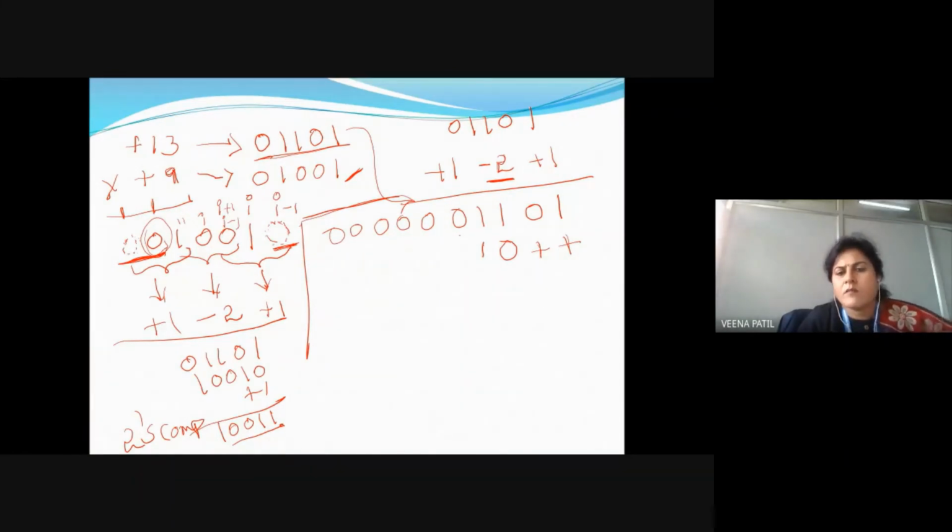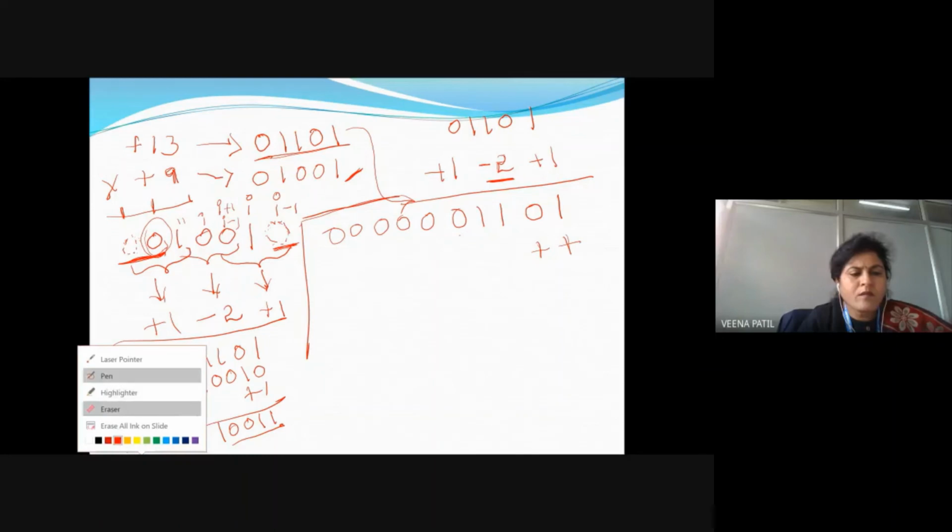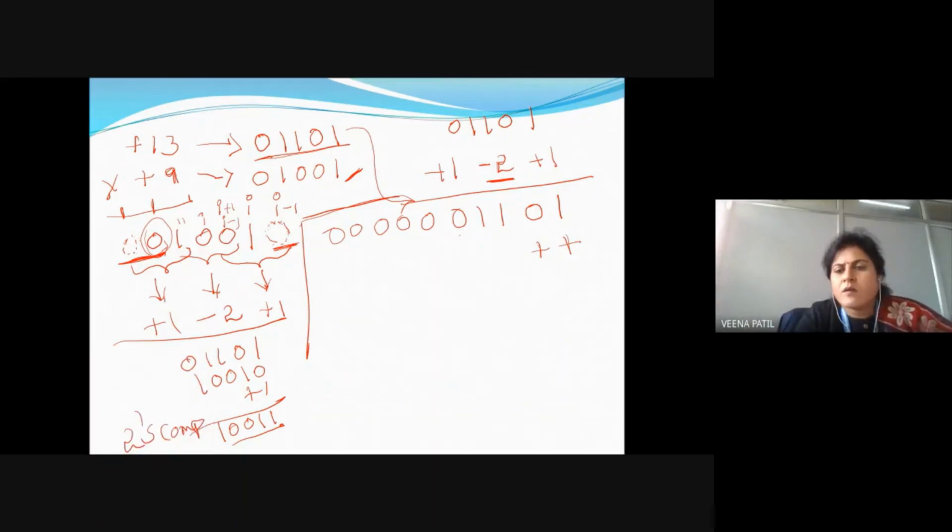So after shifting, I have to write 1, 1, 0, 0, 1 and extend the sign bit. Done.